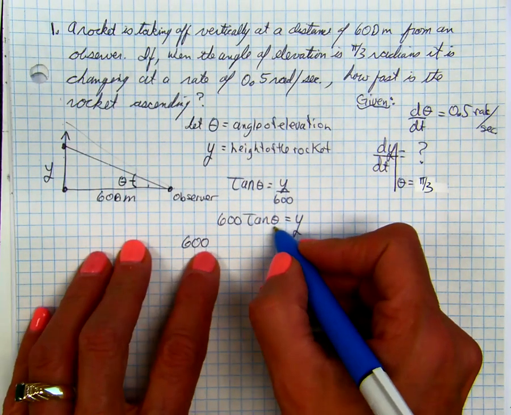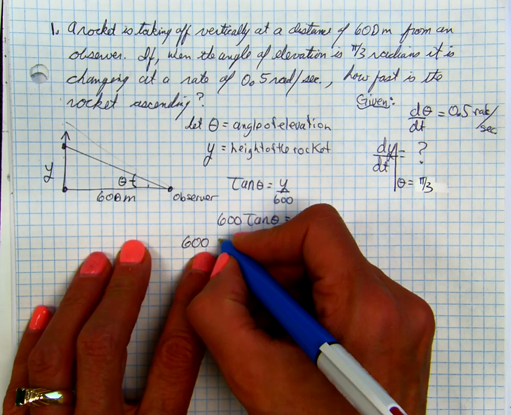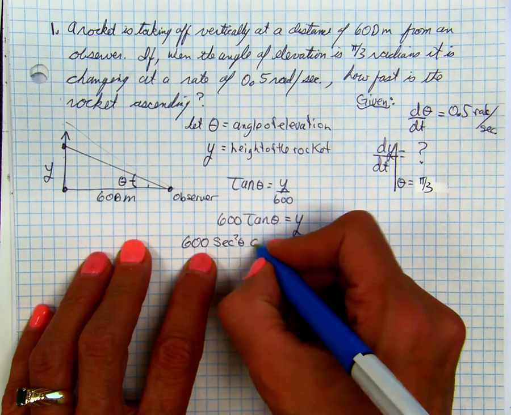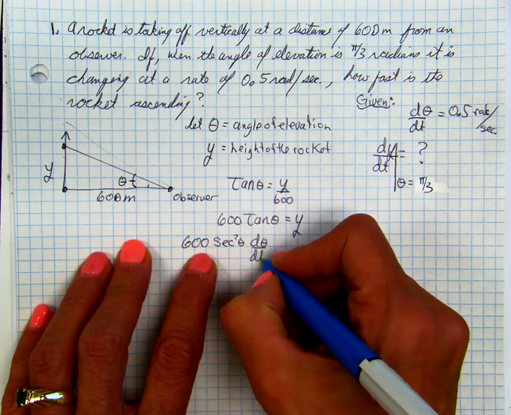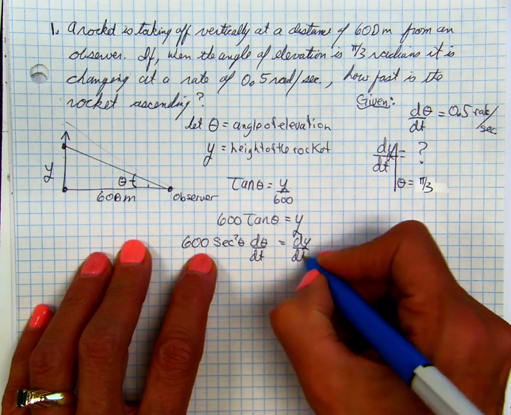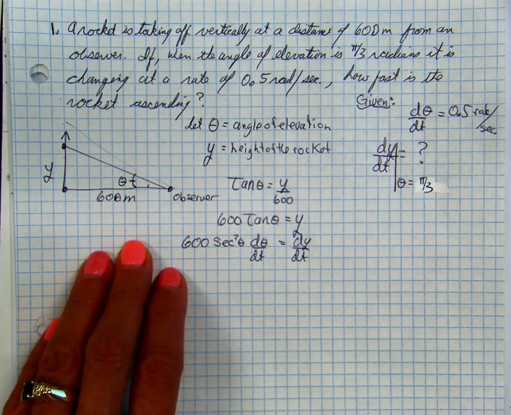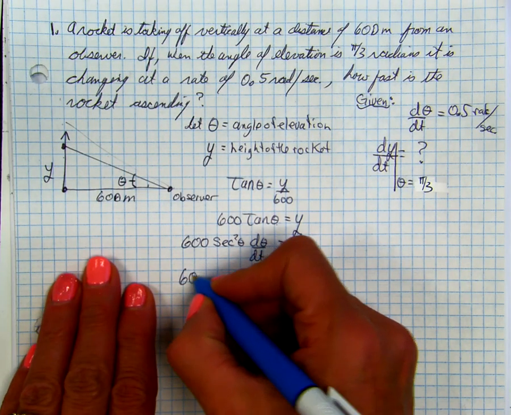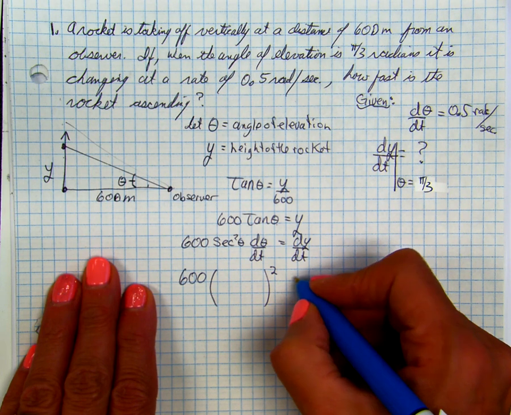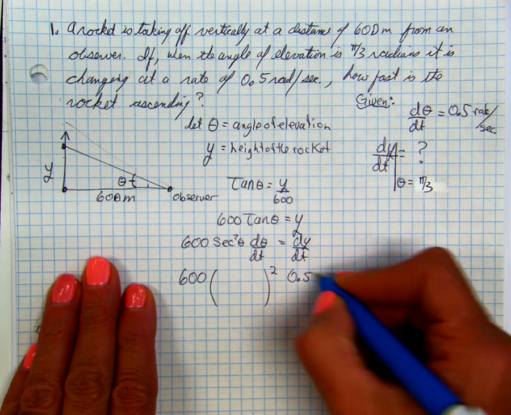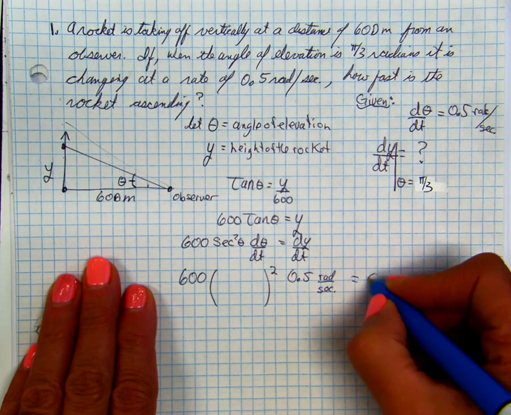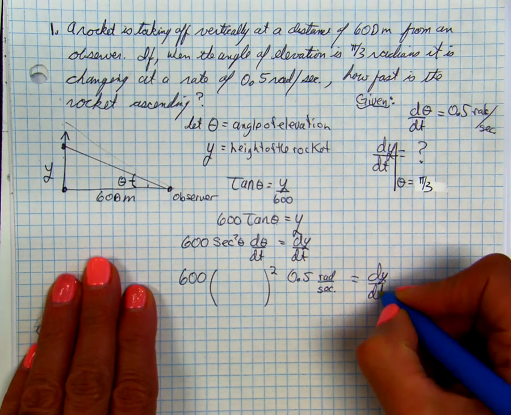The derivative of tan theta is secant squared theta. The derivative of the inside function is d theta by dt, which is equal to the derivative of y with respect to time. So this becomes 600 times secant squared theta times d theta by dt is going to give me dy by dt.